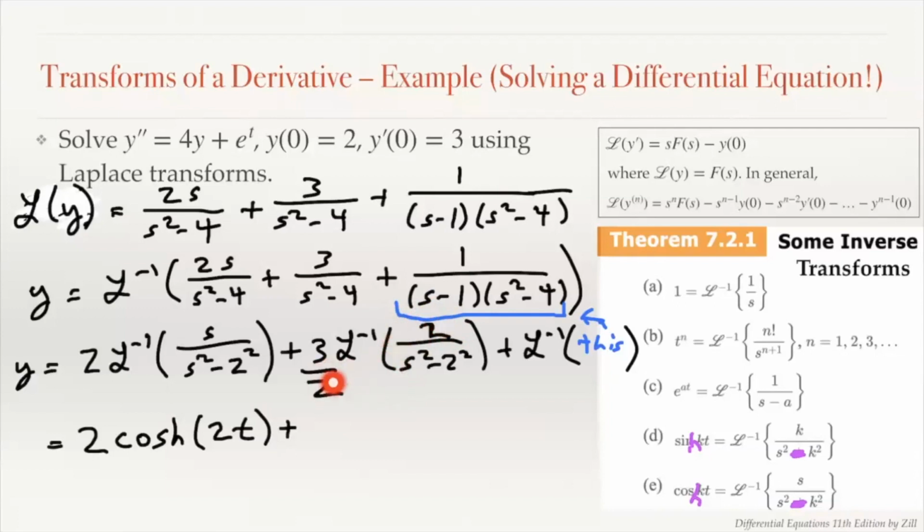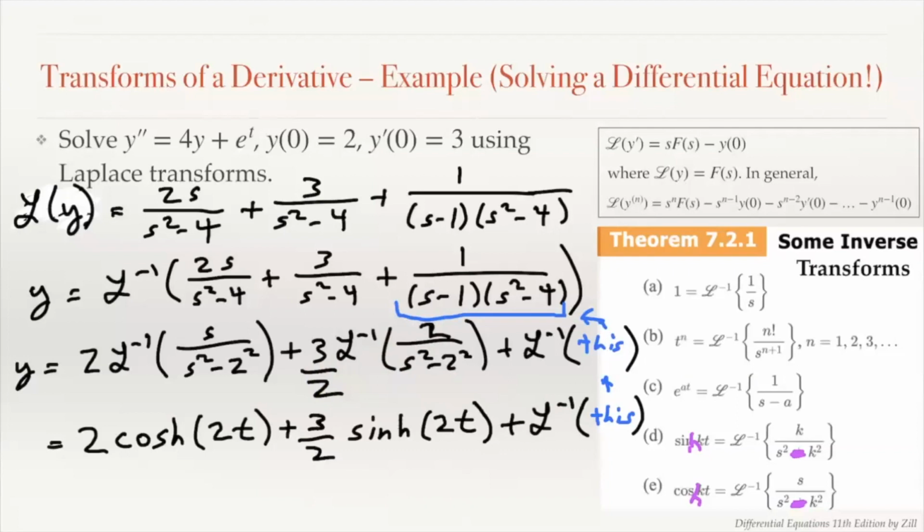So that 2 over 2 is the same as doing nothing in a fancy way. So now that is 3/2 hyperbolic sine of 2t, and then plus the inverse transform of that. So with our knowledge of inverse Laplace, these two pieces weren't that bad. And this piece, we do need to do partial fraction decomposition on.